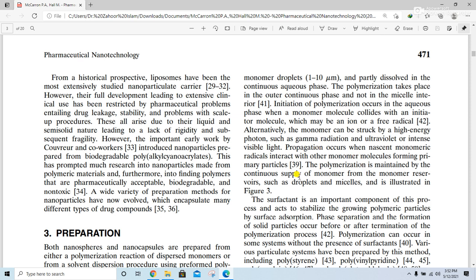The polymerization is maintained by the continuous supply of monomers from monomer reservoirs such as droplets and micelles, as illustrated in figure 3. The surfactant also plays a very significant role, acting to stabilize the growing polymeric particles by surface adsorption. Phase separation and the formation of solid particles occur before or after termination of the polymerization process.